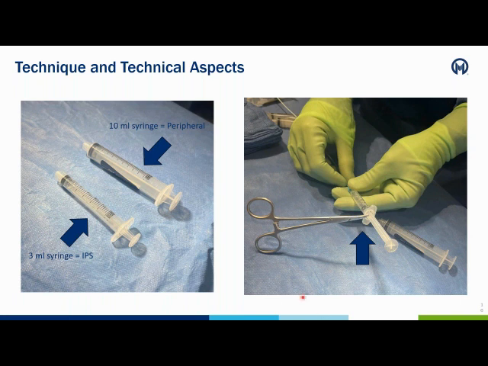So because of that, we send our samples from the inferior petrosal sinus in 3 cc syringes, which facilitates differentiating from the peripheral samples that we send out in 10 cc syringes.